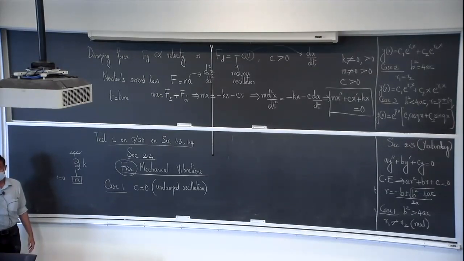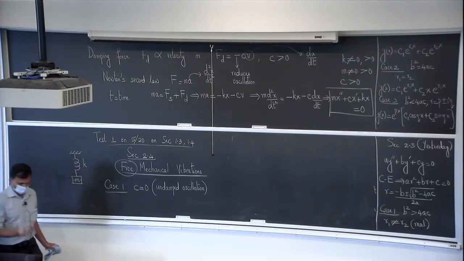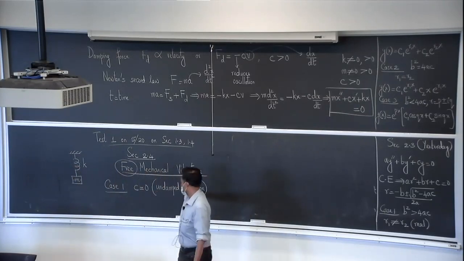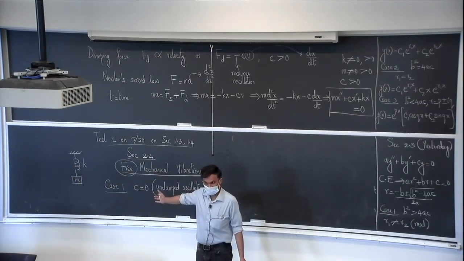Okay, well, no, let's not make it too complicated here. If I just let it go, it'll oscillate. Mathematically, it shouldn't stop because there is no dashpot here. But in real life, it stops. Why is it?